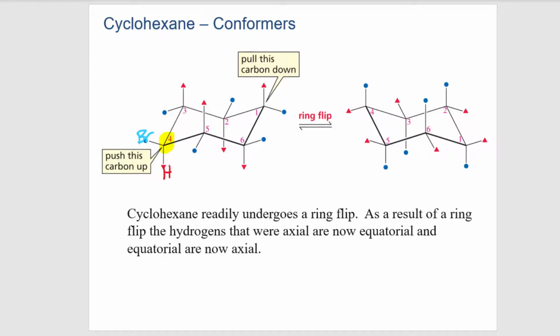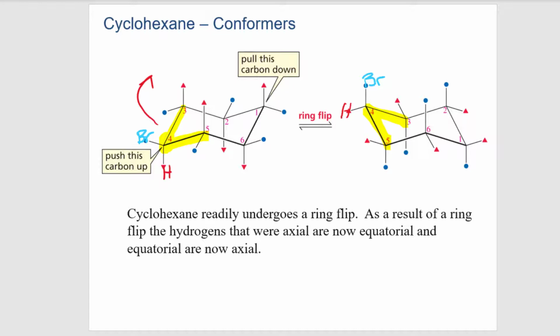When you ring flip this, that means the duck beak flips up, right? So now your duck beak is here. Look at carbon 4. Notice that the bromine is now in the axial position and the hydrogen is now in the equatorial position.